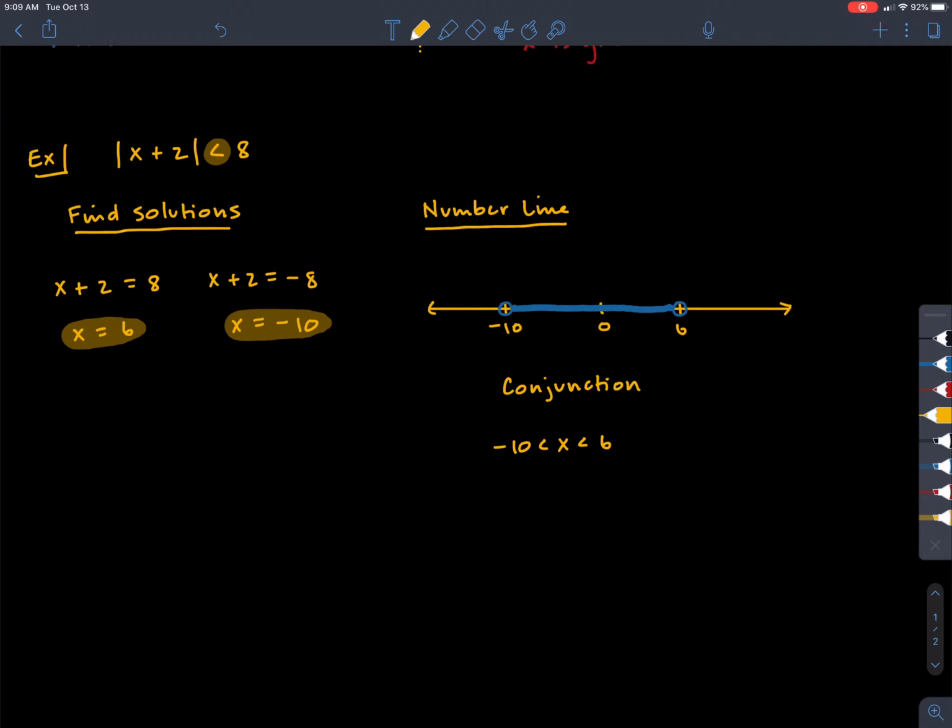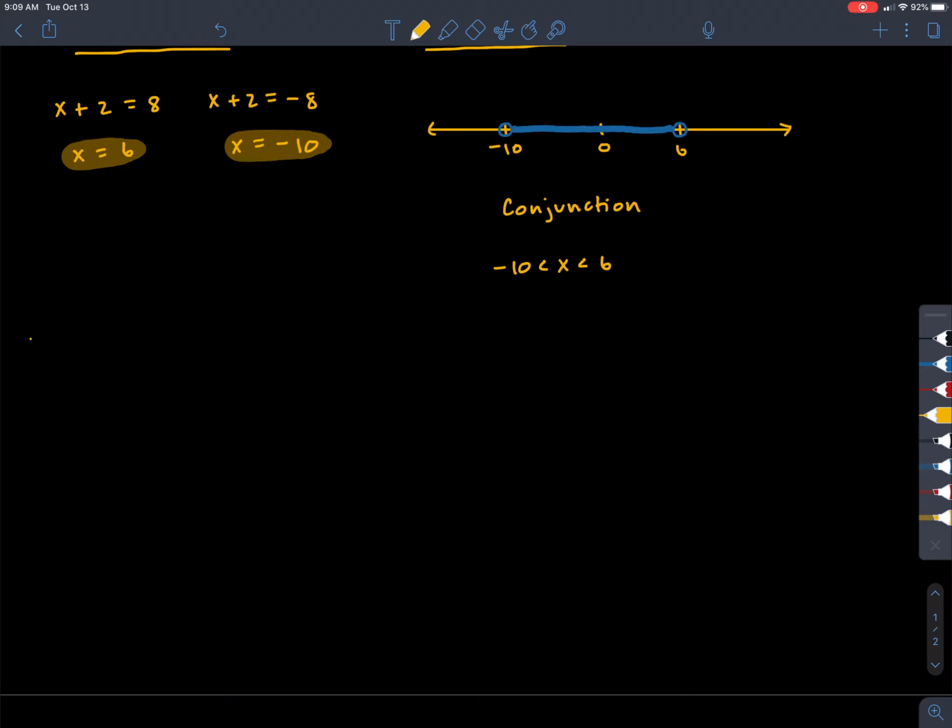Let's try another example together. So we'll make a little more complicated example: the absolute value of 2x plus 4, plus 3, is greater than or equal to 10. So I'm going to treat this as an equation.